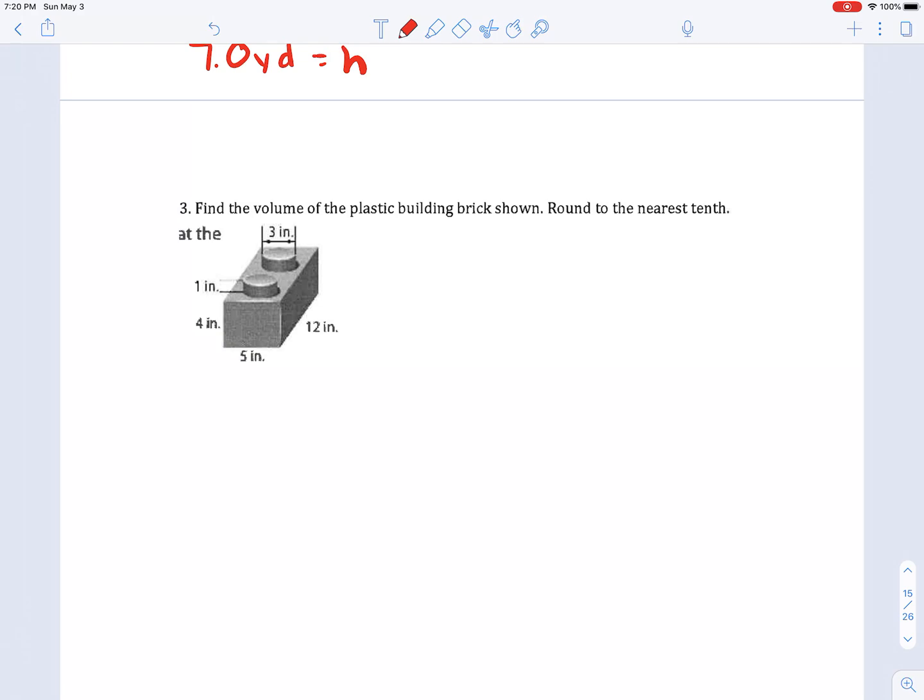Well, looking at this, it's kind of a combination of figures. I see a rectangular prism on the bottom. And I see 2 cylinders on the top. So I am going to have to make my own formula. I'm going to start with the rectangular prism first.